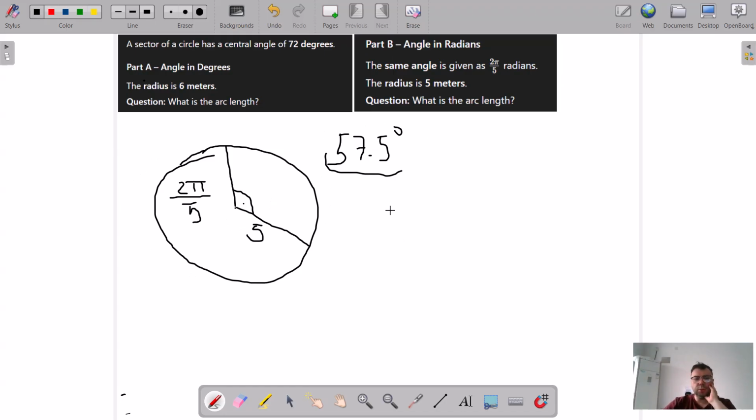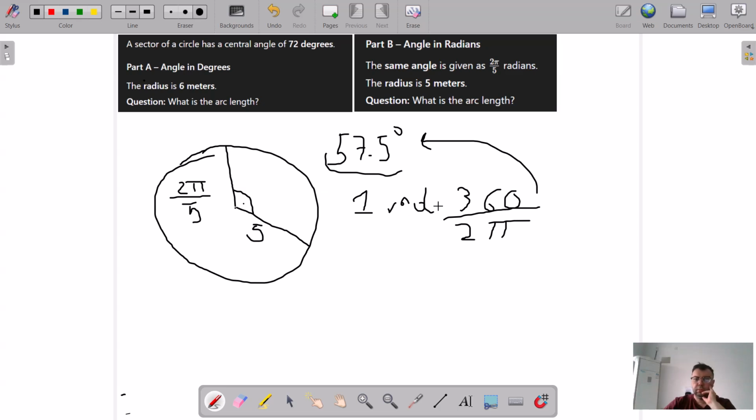So we should remember that 1 radian equals 360 divided by 2 pi. That's how you will obtain this 57.5 degrees. So remember that 1 rad.